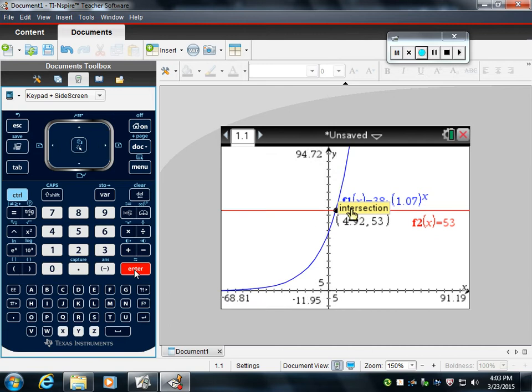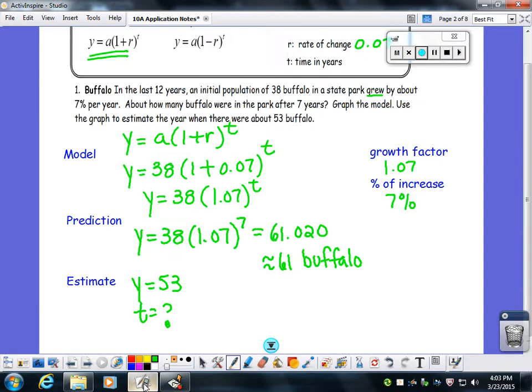All right, so we're interested in our x variable, so our 4.92. So back on our problem, in approximately 4.92 years, we expect to have 53 buffalo.